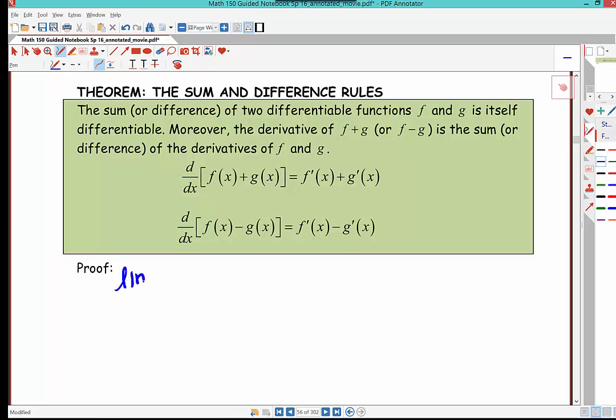So we'll have the limit as delta x approaches 0 of f at x plus delta x. And by the way, we're doing d dx of f of x.